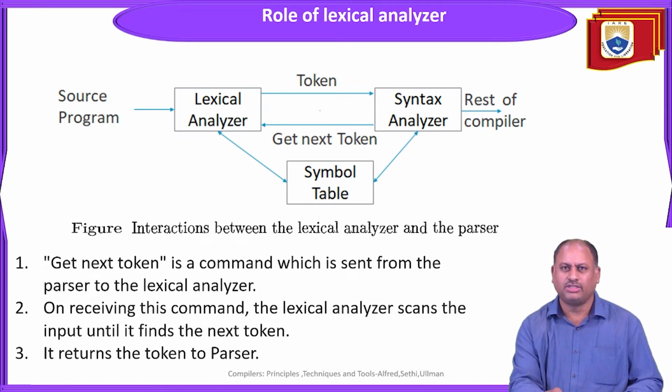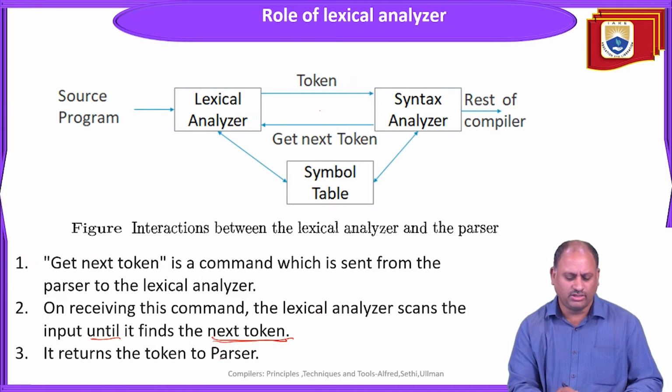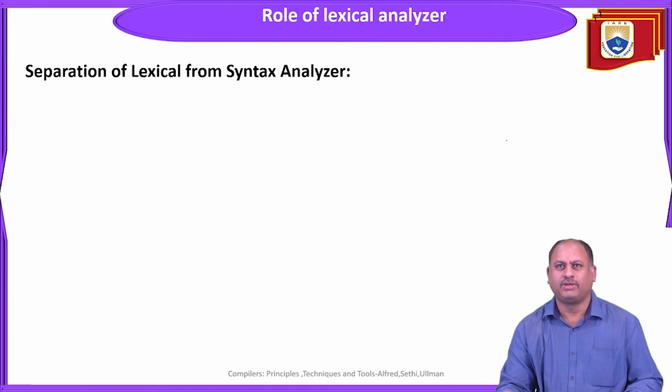Because after reading a token, it verifies whether any other tokens are there from the lexical analyzer. That's why the syntax analyzer repeatedly sends the method get next token, receiving the tokens, until it finds the last token. So it repeatedly executes over all the statements, and finally the tokens that are released are sent to the parser. In this way the block diagram works.